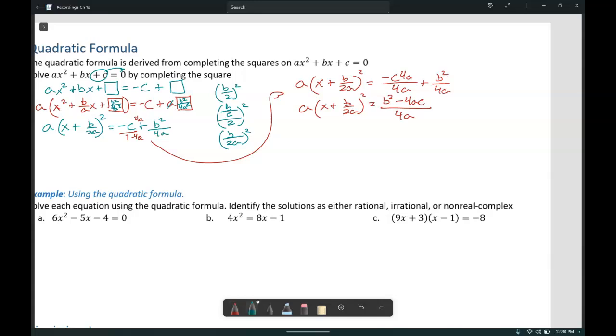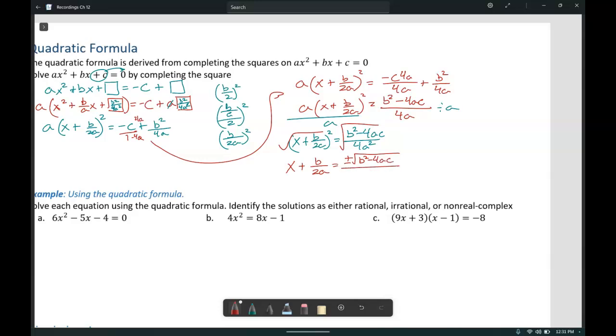Now we'll try and take the square root property. So we need to divide both sides by a. X plus b over 2a squared equals b squared minus 4ac over 4a squared. Square root property, so we square root both sides. X plus b over 2a equals positive or negative the square root of b squared minus 4ac.